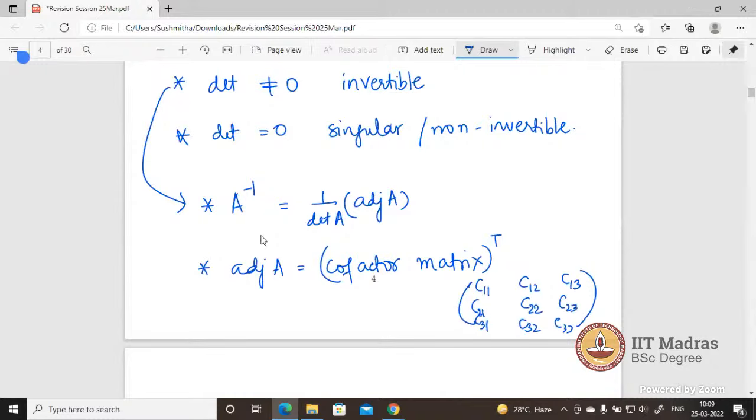In that case, if a matrix is not a square matrix, then the inverse doesn't exist, right? Because the inverse formula has the determinant, and the determinant doesn't exist if it's not a square matrix. So the cofactor matrix is this, where Cij is the cofactor of Aij. Aij is the original matrix that we started with, right?